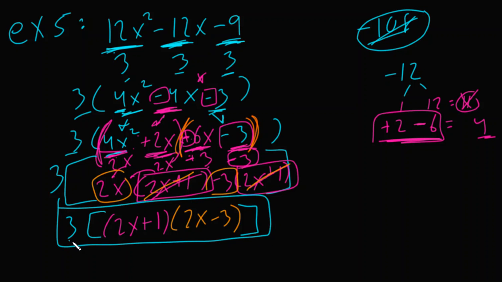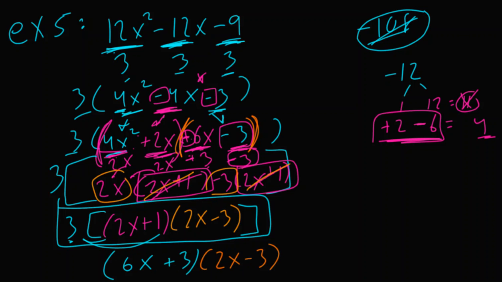But what if I wanted to put this 3 with the first one? Well, 3 times 2x is 6x, and 3 times 1 is 3. So we can do 6x plus 3, and then of course we're leaving our second factor, 2x minus 3, all alone.